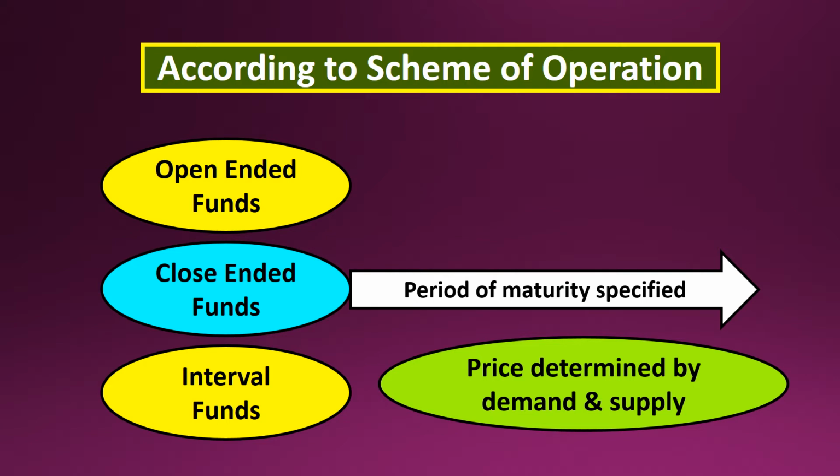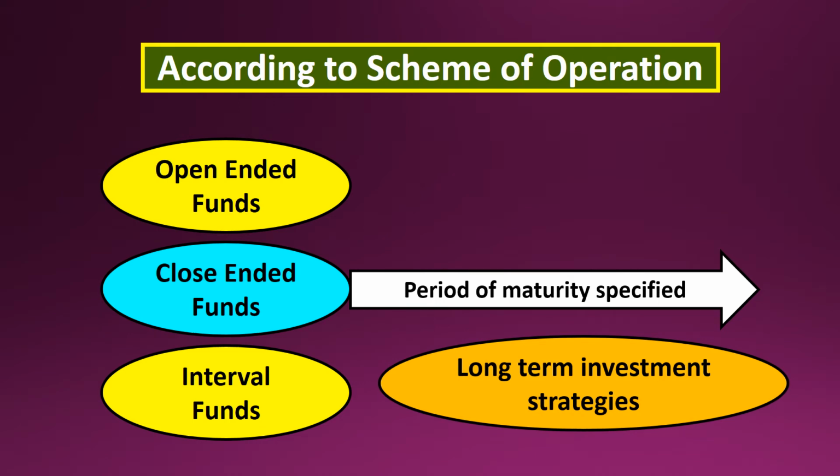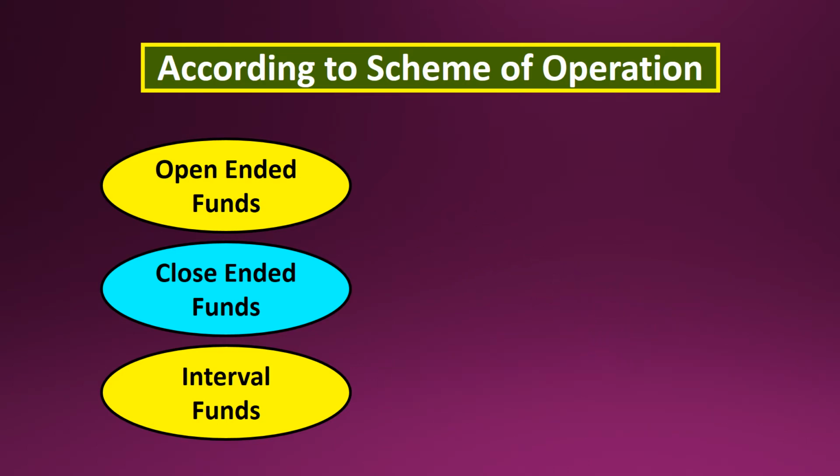Hence, it could be different from the net asset value. It is always easier to manage a closed-ended scheme because the fund managers can evolve long-term investment strategies depending upon the life of the scheme. So that's all about the closed-ended funds.